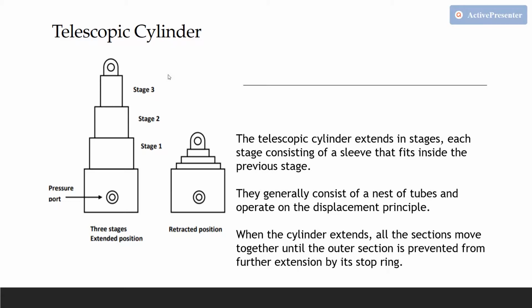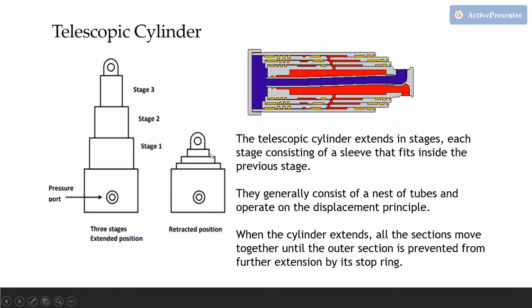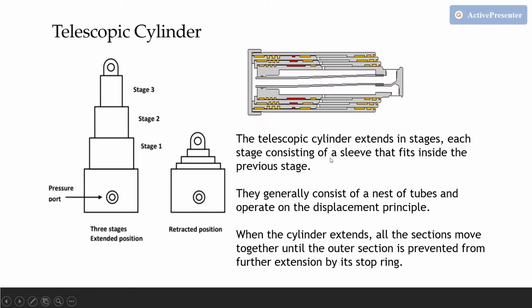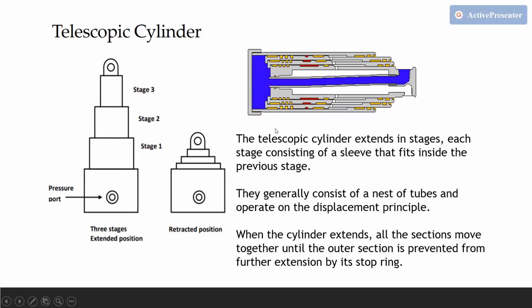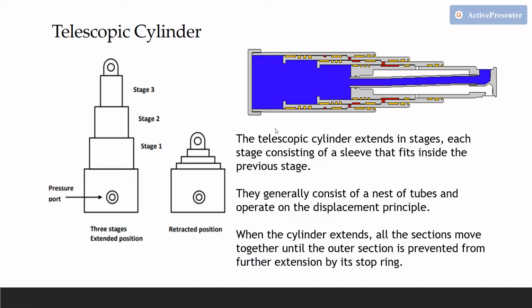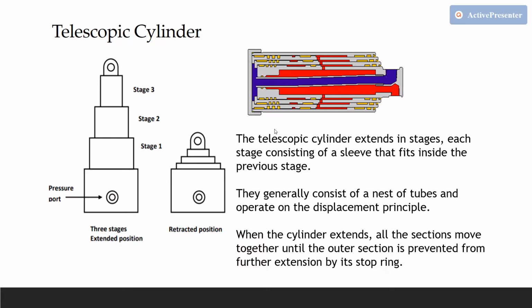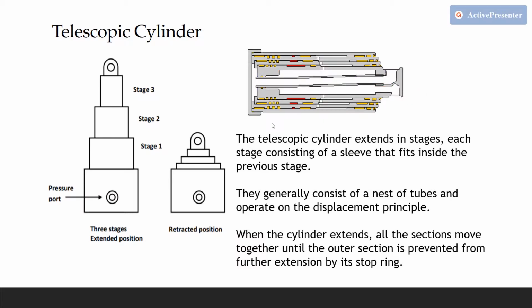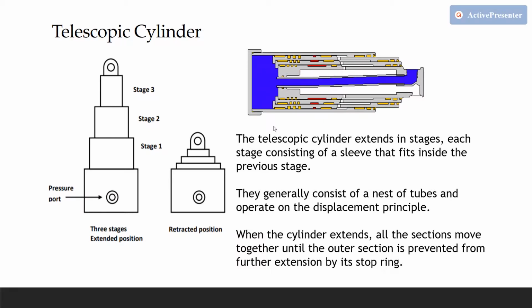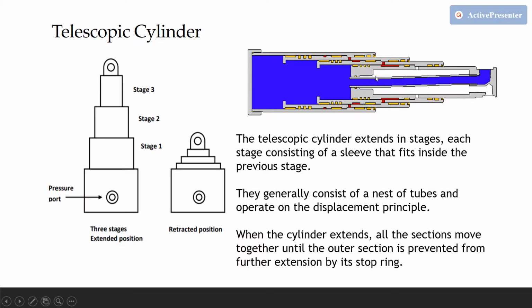The telescopic cylinder extends in stages, and each stage consists of a sleeve that fits inside the previous stage. One application for this type of cylinder is raising a dump truck bed. Telescopic cylinders are available in both single acting and double acting models. They are more expensive than standard cylinders because of their complex construction.